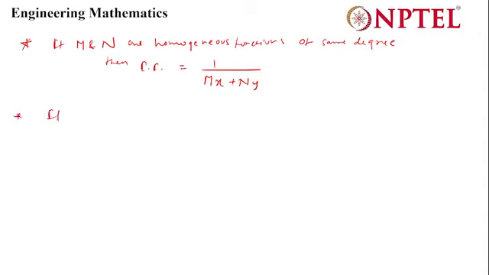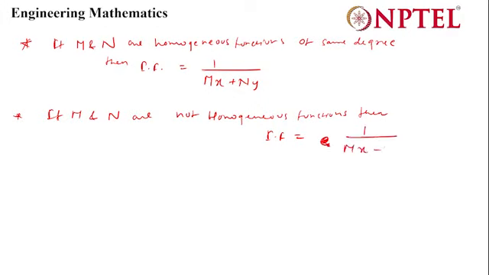Second, if M and N are not homogeneous functions, then the integrating factor will be 1 upon (Mx minus Ny), or if M is equal to y times a function of xy and N is equal to x times a function of xy.